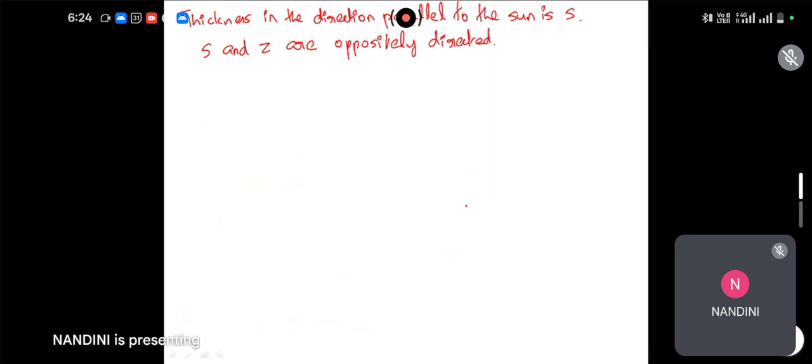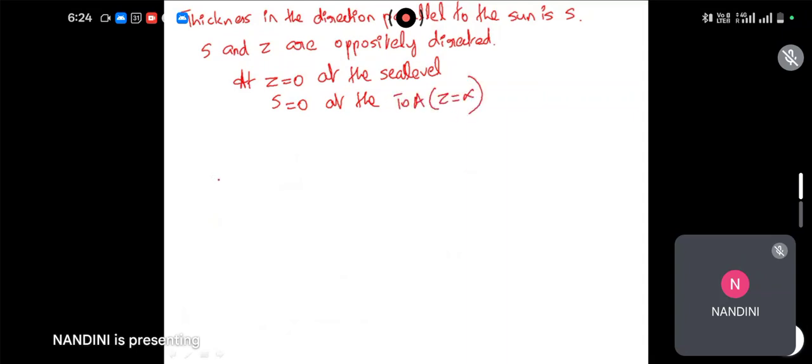At z equal to 0, that is the sea level, and s equal to 0 is at the top of the atmosphere, where z is equal to infinity. So this is the basic idea.